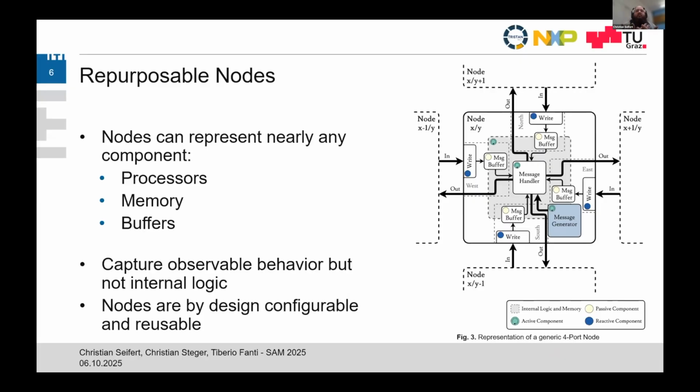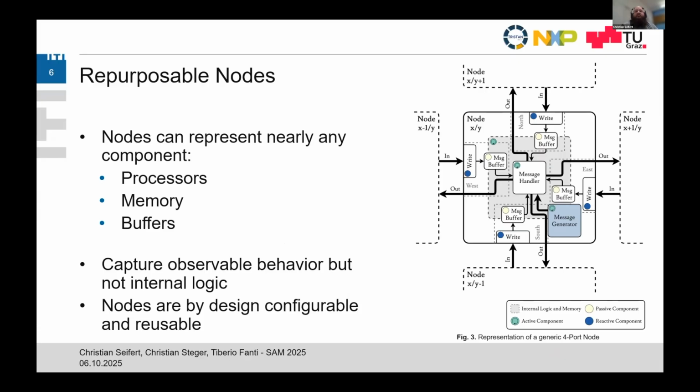Now that we've talked about the goals, let's talk about how we are trying to achieve them. The core concept of our approach is repurposable nodes. Any system component can be translated into a node with a certain degree of abstraction, with a few examples listed on this slide.